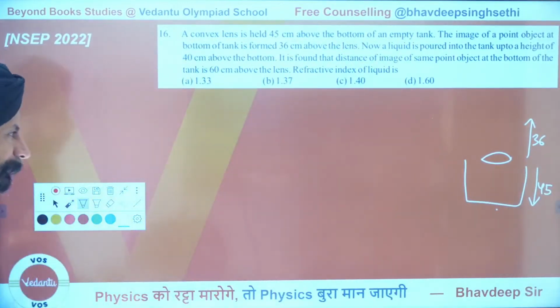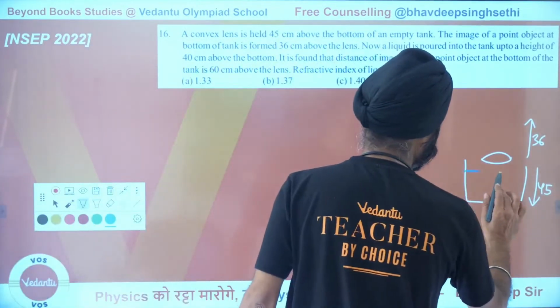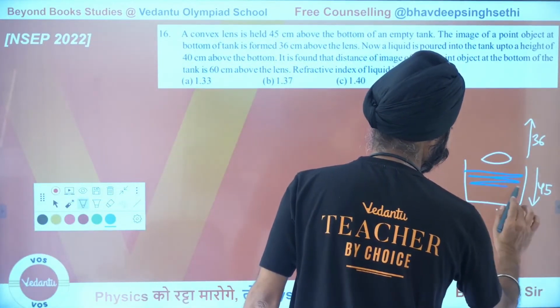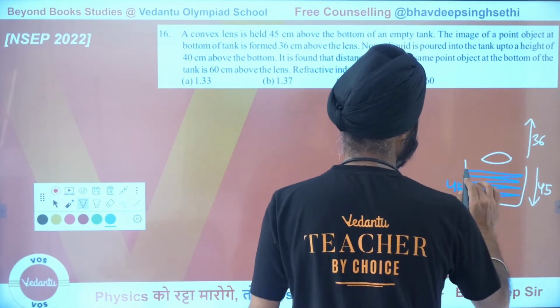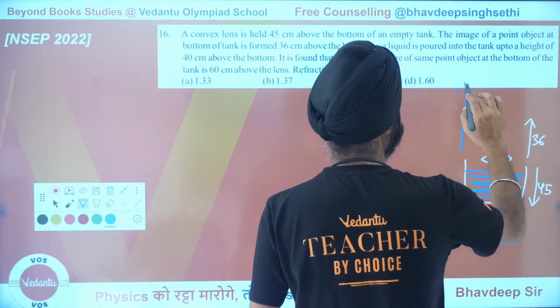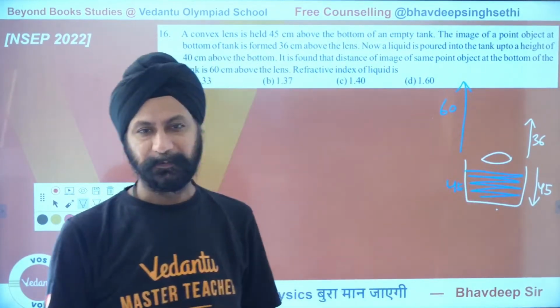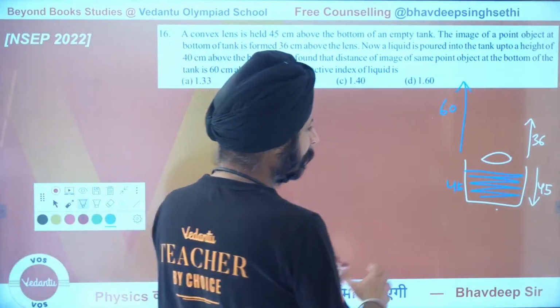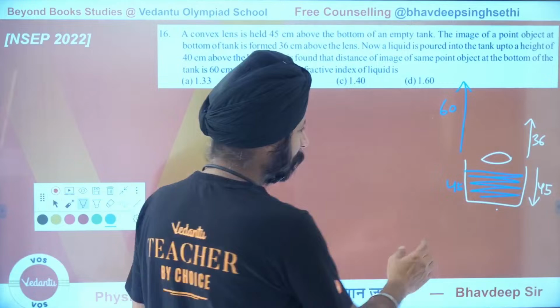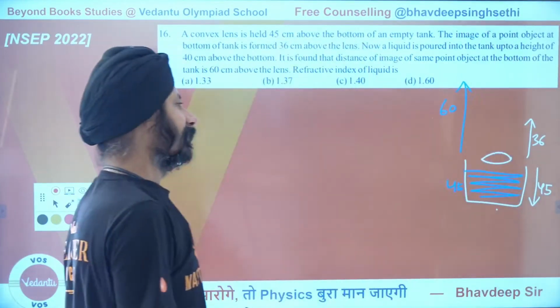Now they say if you were to fill this up to a depth of 40 centimeters, now the image is formed at a height of 60 centimeters. So you're bringing the object closer because the virtual depth will reduce. But first things first, I know originally the object was at 45 centimeters, and the image was at 36 centimeters.